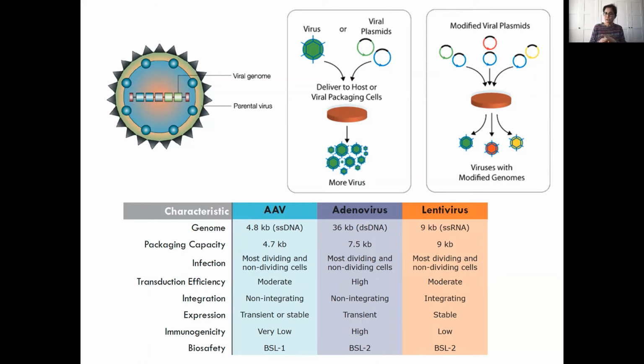The size of genome is different. The type of immune reaction they produce in the host can be different. And the size of the DNA that they can carry is different. But I'm not going to talk that much about the nitty-gritty of the different types of viruses, but I'm going to talk about how we trick this virus into having the protein that we want the cell to have.